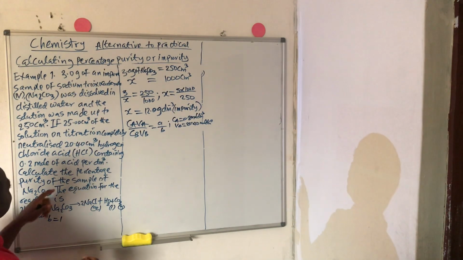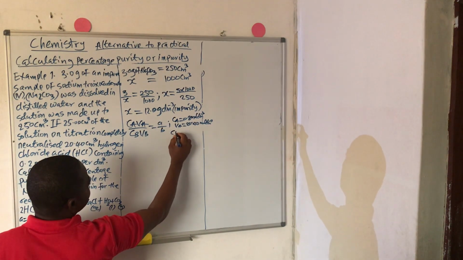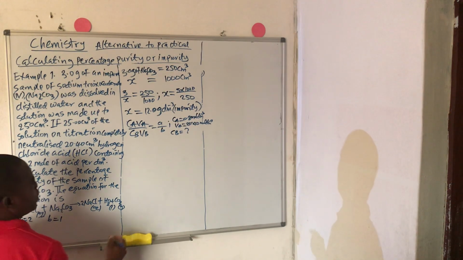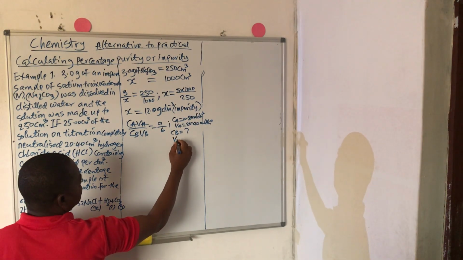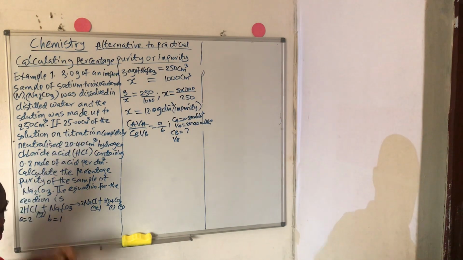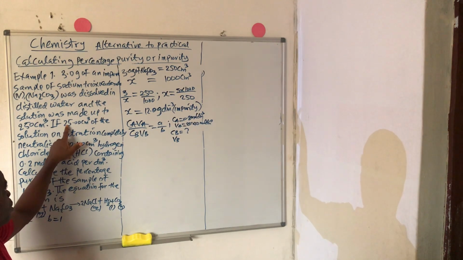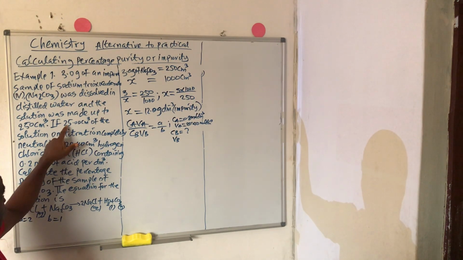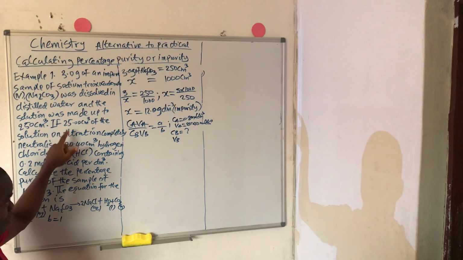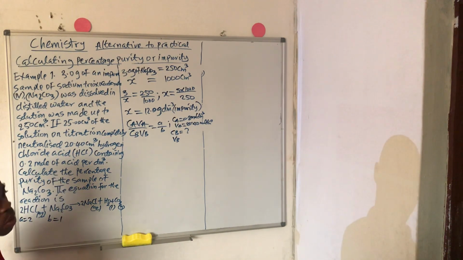Now let's look at the value of Cb. The value of Cb is the question mark, and that is the pure component that reacts from B. And then the value of Vb, they use a 25.00 cm cube pipette. Assuming you have 20.0 cm cube, this value can change, but what you need to know is that we have 2 sizes of pipette, or even more, but the common ones we use are 20 or 25.